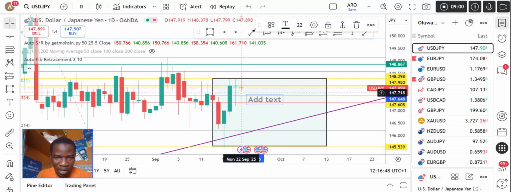Here is going to be our entry, where the market opens from.